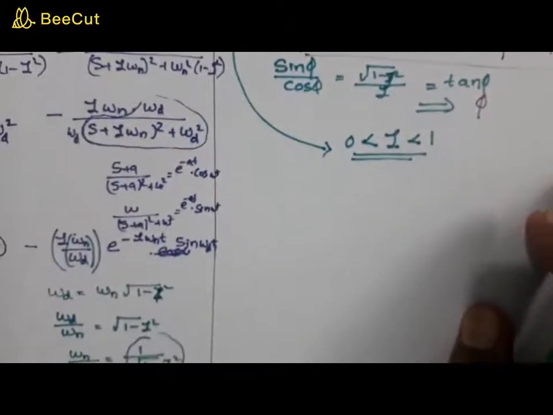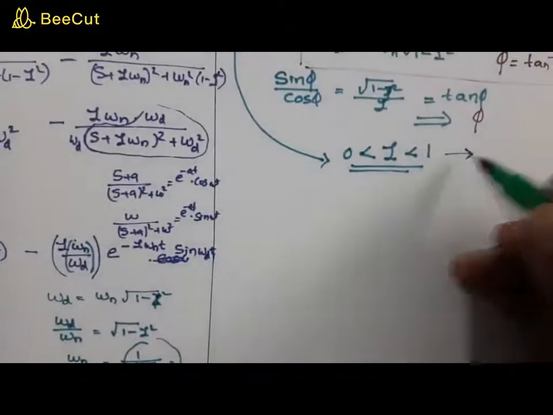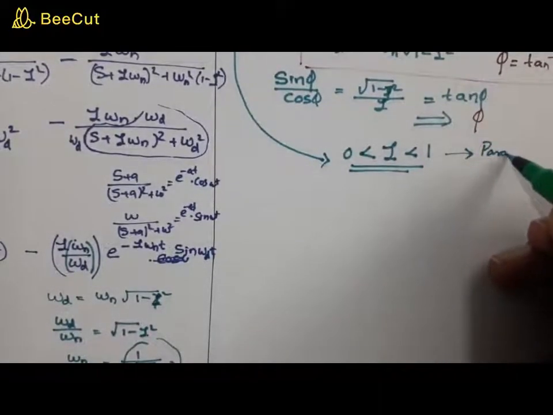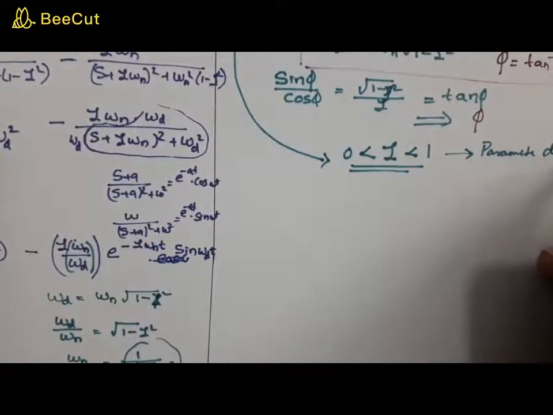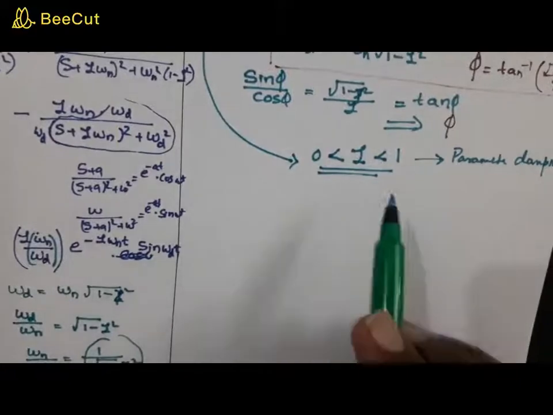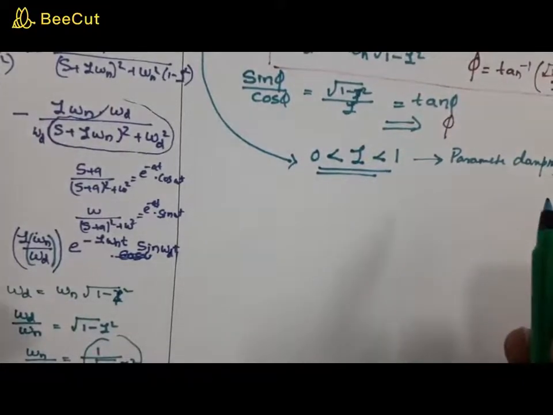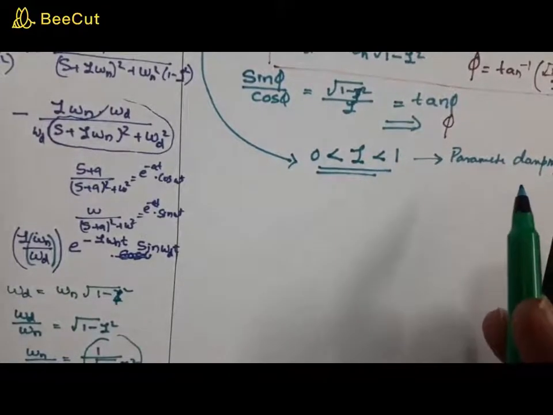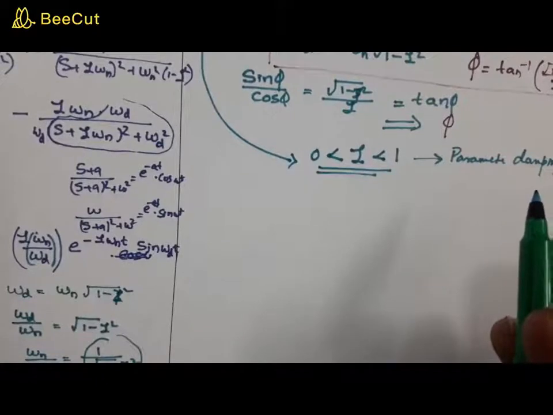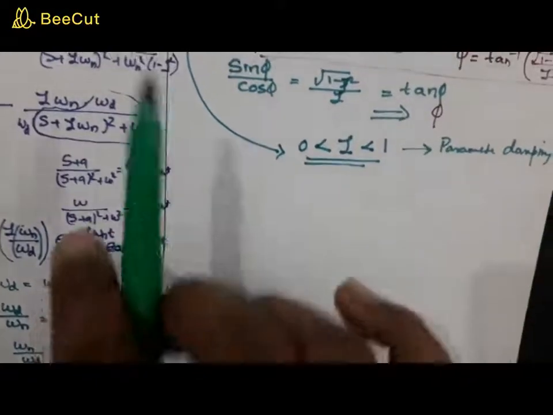Again I repeat that theta is the damping ratio. It is the parameter which determines the amount of damping, so that it nullifies the natural oscillations that occur in a system.